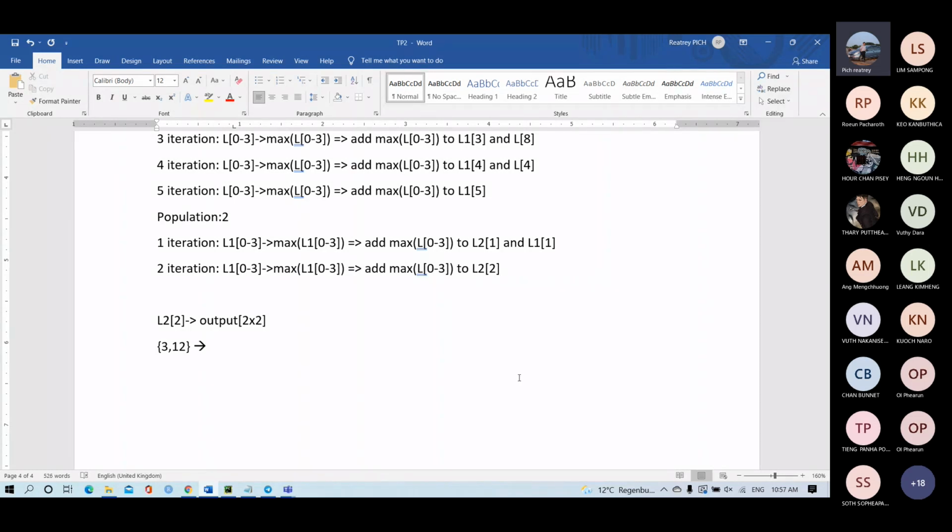Our matrix is like 7.5, 3 and 12, sorry, the matrix should be here.